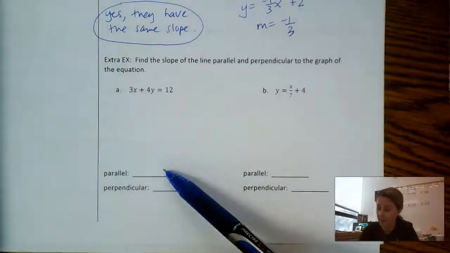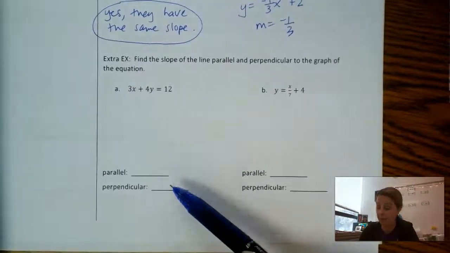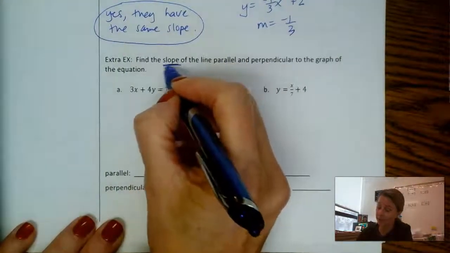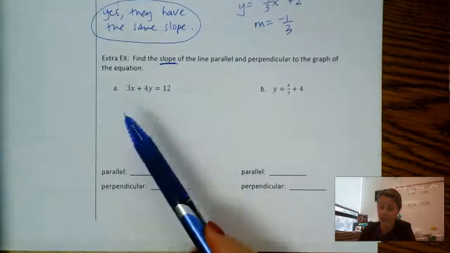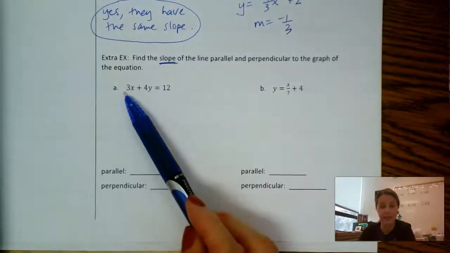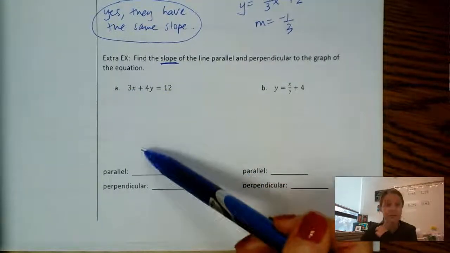Okay, so here are my answers. I'm going to put the slope of the parallel line and the slope of the perpendicular. So again, find the slope. Can I see the slope here? No, I cannot. 3 is not the slope. It is not in the form of y equals mx plus b. So we need to solve for y.